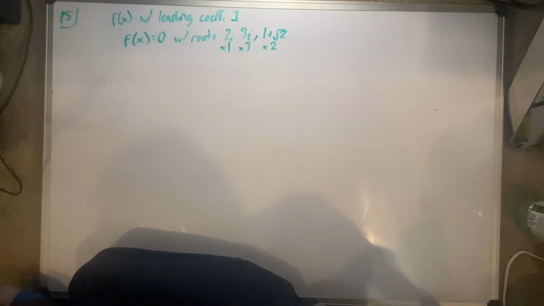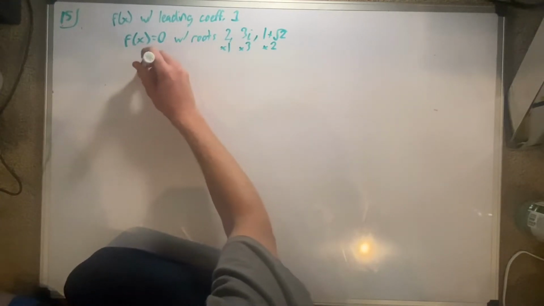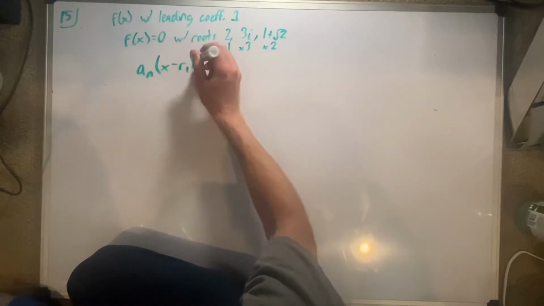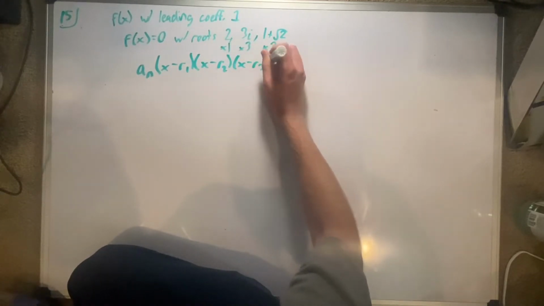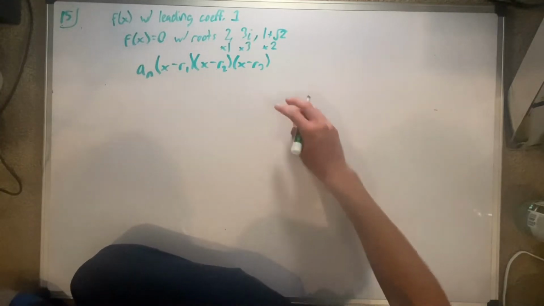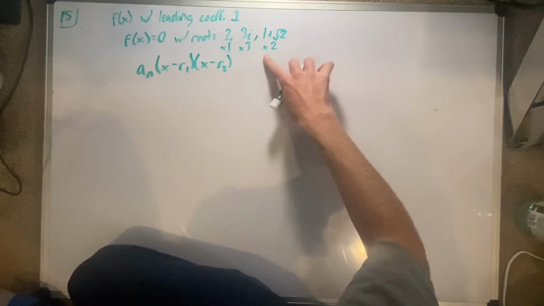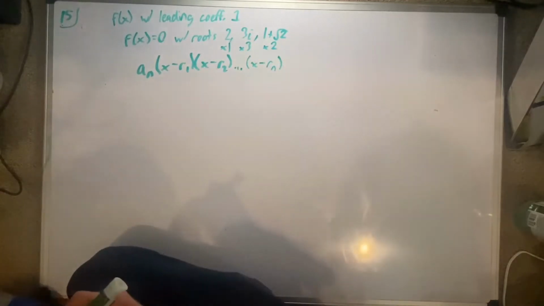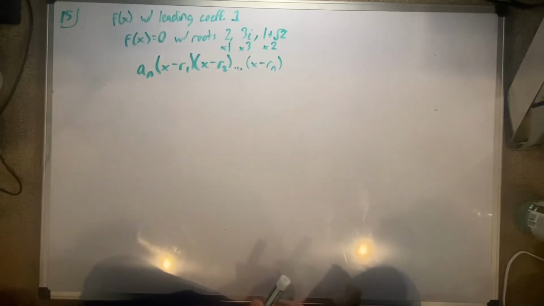Although it wants us to write our answer in this form: a_n times (x minus r1), so no, it's actually not going to be that difficult, (x minus r2), (x minus r3), dot dot dot (x minus r_n), showing just how many it needs to go to. So this is the form of the answer. So this actually isn't that bad.